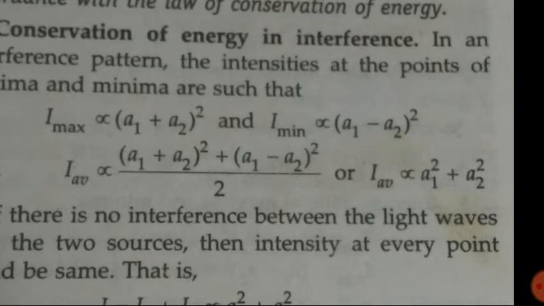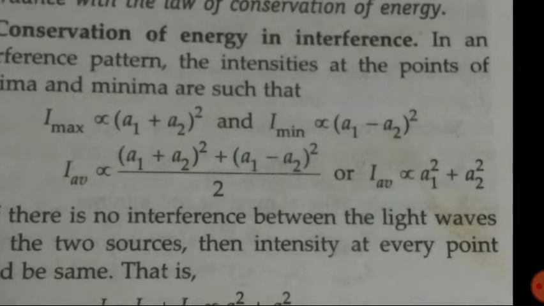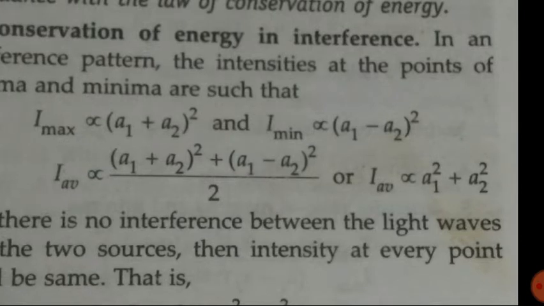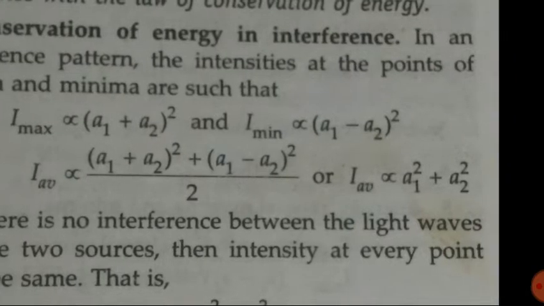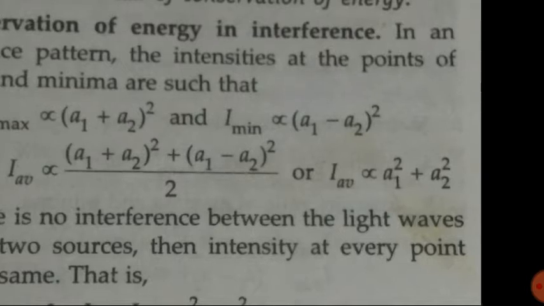Here we have two intensities, A1 plus A2 square and A1 minus A2 square, okay. To find the average we will add them and divide by 2, okay. So we have written the formula A1 plus A2 whole square plus A1 minus A2 whole square upon 2. By opening the bracket, cancelling the terms, then dividing by 2, we get I average equals A1 square plus A2 square, okay.